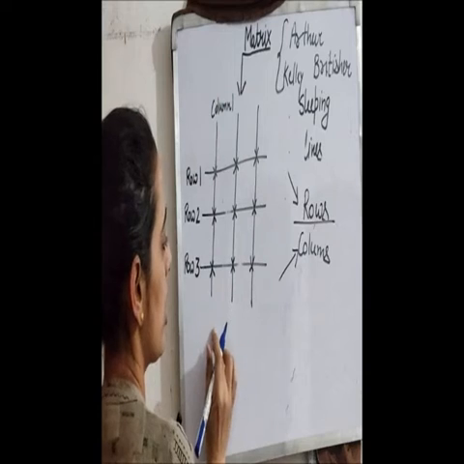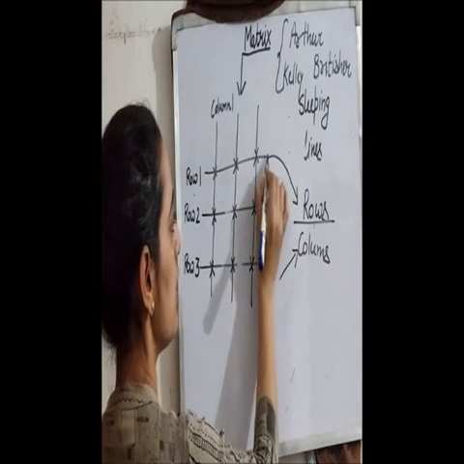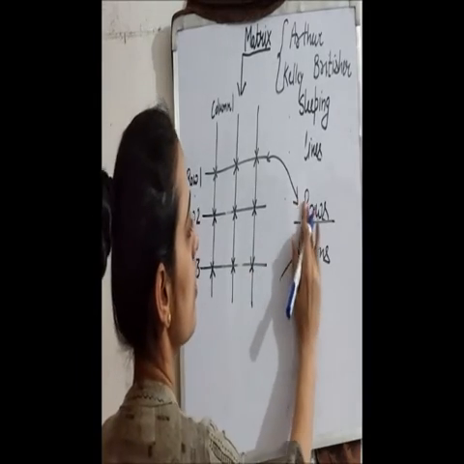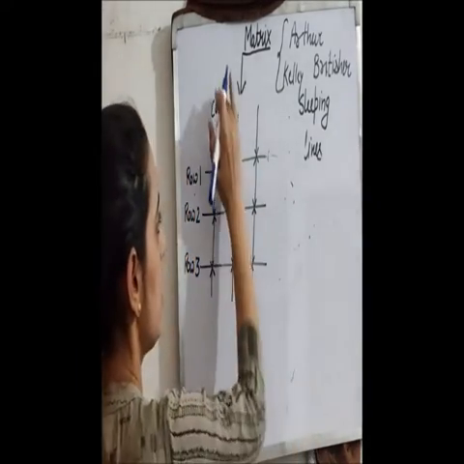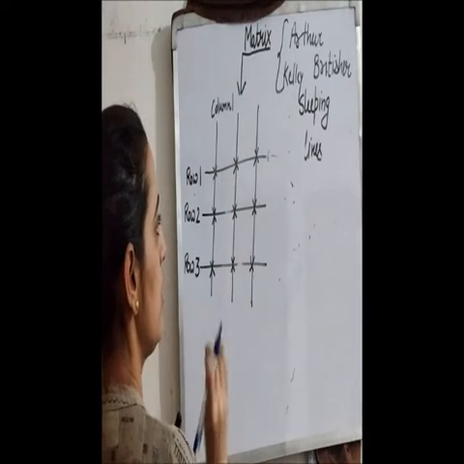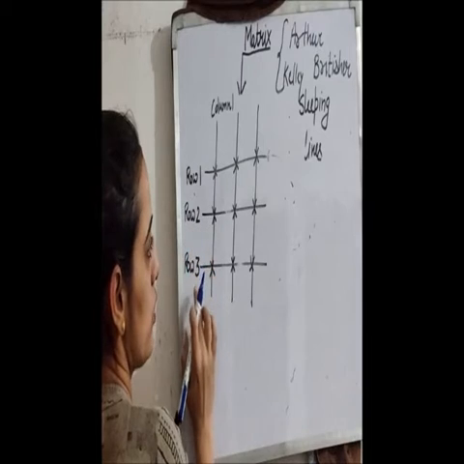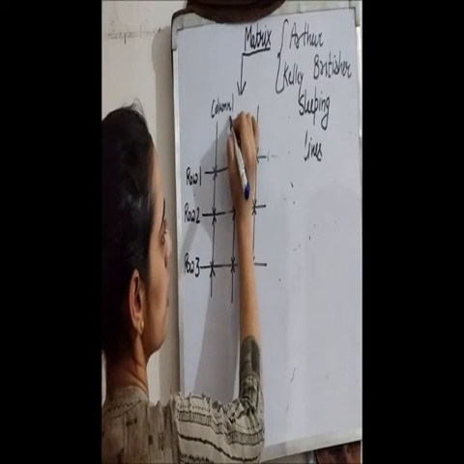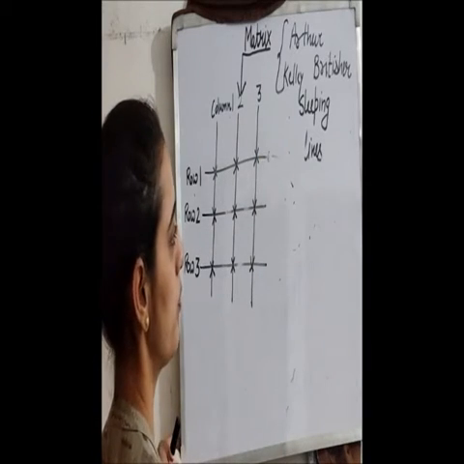It is a vertical line, it is a horizontal line. Vertical lines are these, horizontal lines are these. So this one is first row, this is second row, this is third row. Similarly, this is first column, this is second column, and this one is third column.